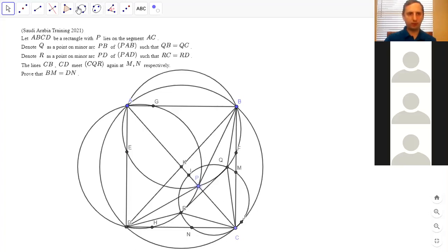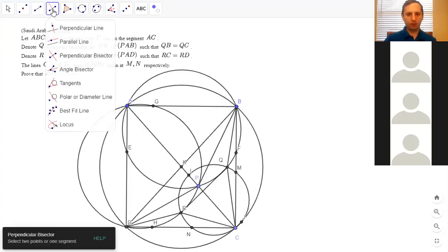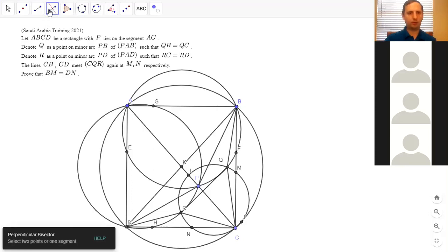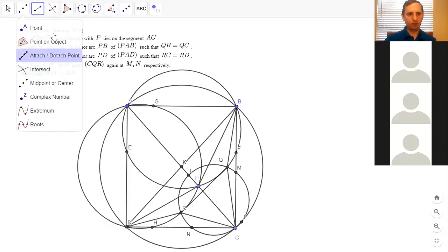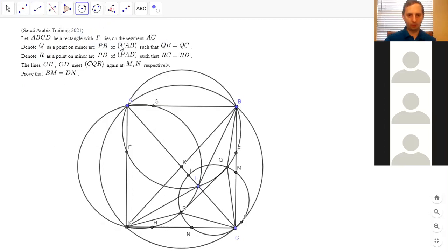So JN should equal JM. So I think J is also the midpoint of arc MN. Yeah, so it's the midpoint of both arc MN and arc BCD.